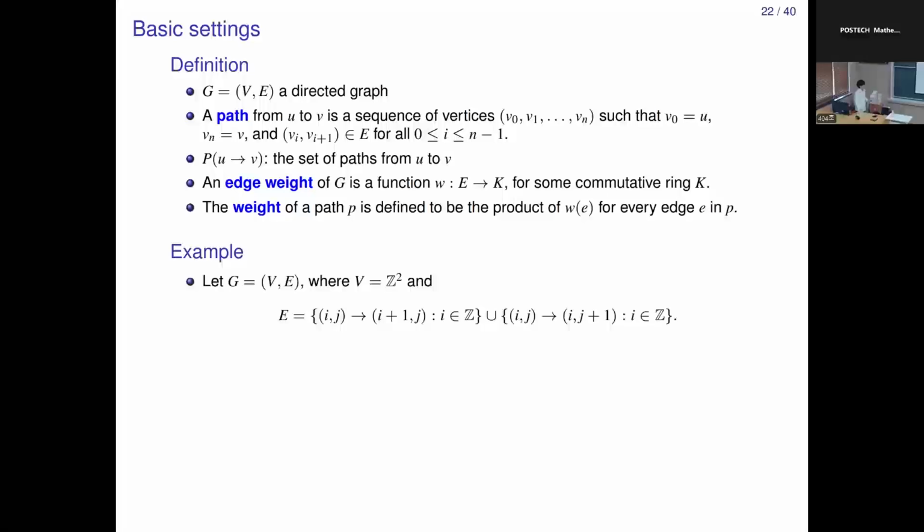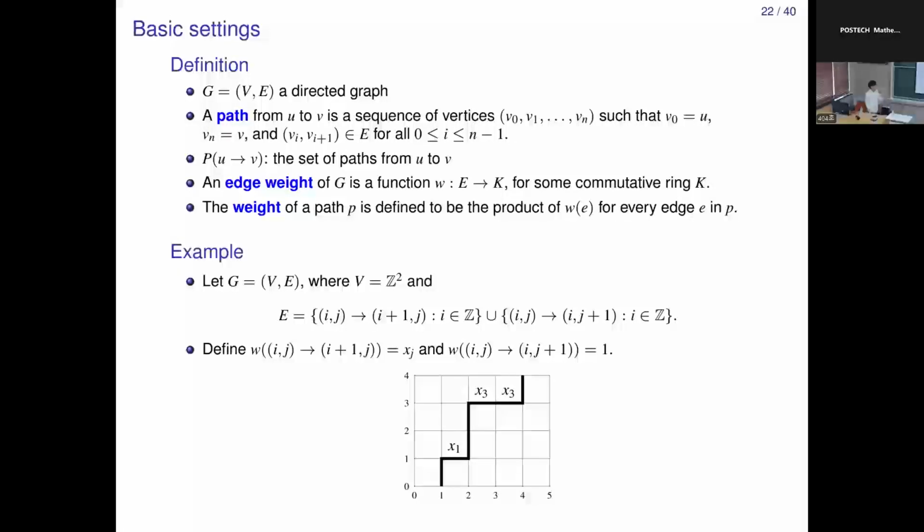So for example, actually, in this talk, we only need this graph. The graph is just a grid, Z squared, but the directions are up or to the right. It goes either to the right or above. And the up steps all have weight 1, and for horizontal steps, if the height is i, then the weight will be x_i.